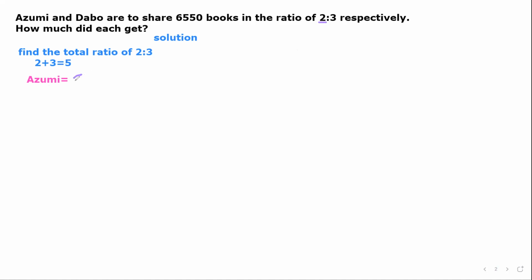So Azumi's fraction will be 2 out of 5 times the books. Okay, times the books.